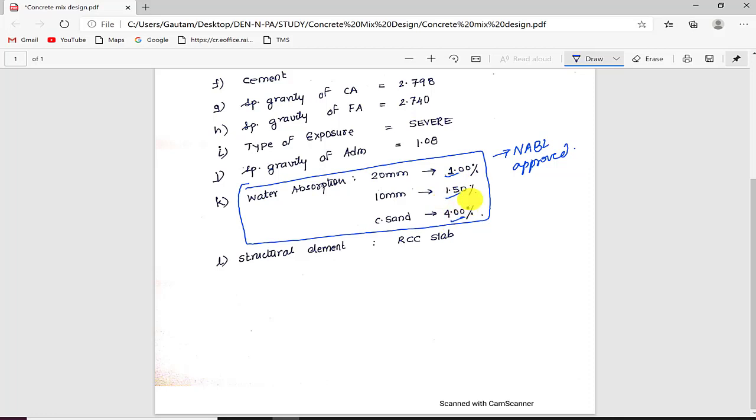These are the full capacity of the aggregate, and that depends upon the property of the aggregate, by virtue of which it can fully absorb this much water, that is 1%, 1.5% and 4%. But the water content is how much water is actually present inside at any point of time. That is the difference between both of them.